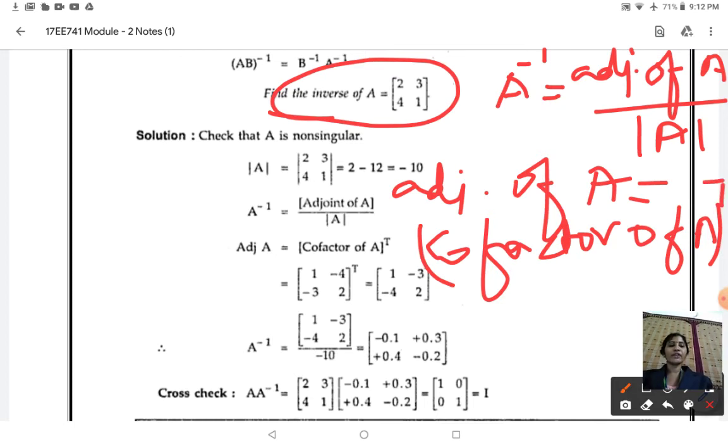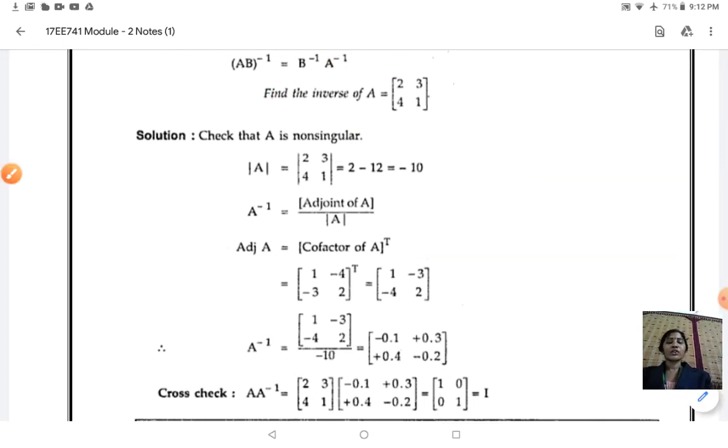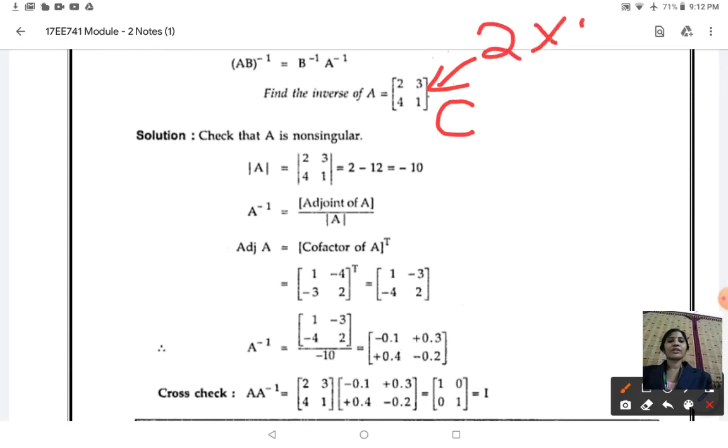So to identify the cofactor, the cofactor matrix is represented with C. The order of the cofactor matrix is equal to the order of your A matrix. In the given problem, the order of the A matrix is 2 cross 2. Therefore, the cofactor matrix obtained for this particular problem will also be 2 cross 2.